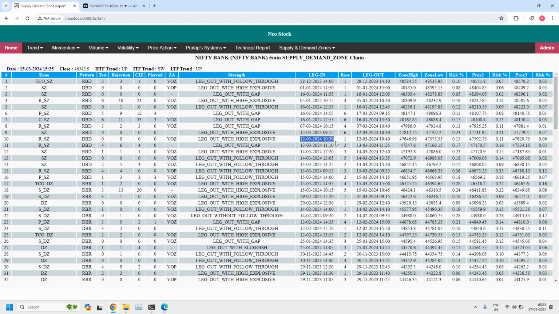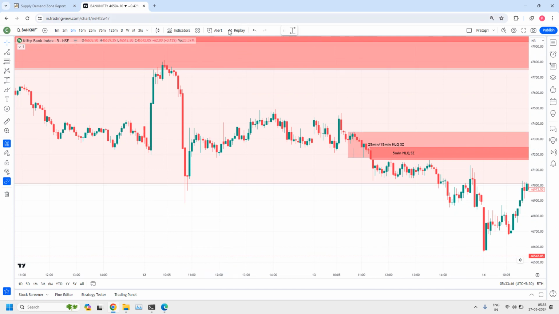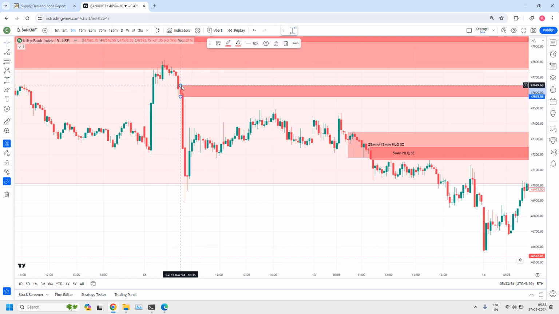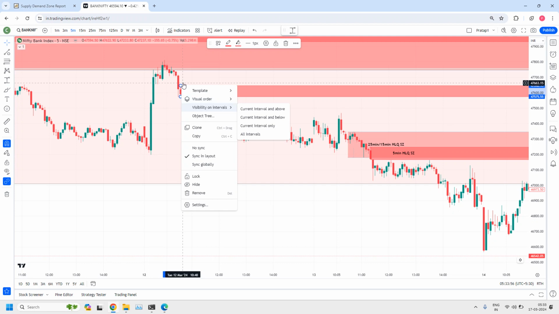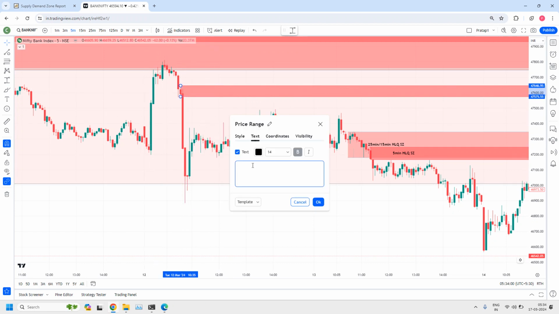Yes, 12th March 10:30, one base candle. 12th March 10:40 is the leg out. So we identified this as a high liquidity zone. Software identified this as a high liquidity zone. This is a 5 minutes high liquidity zone.